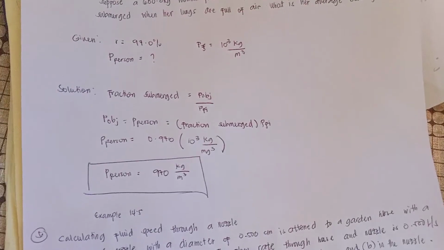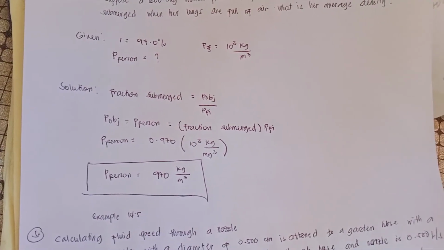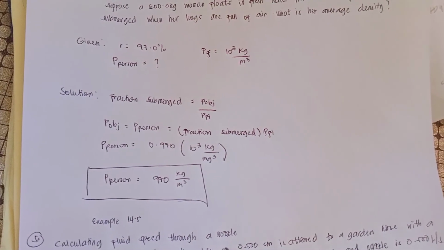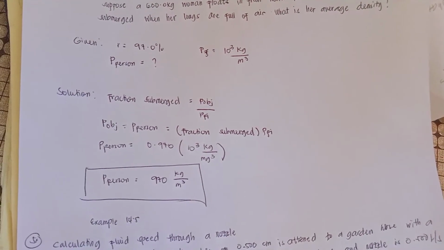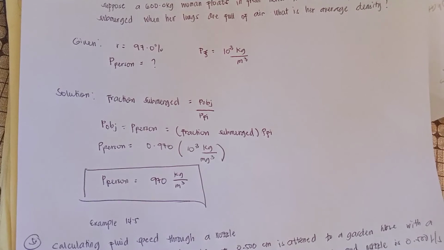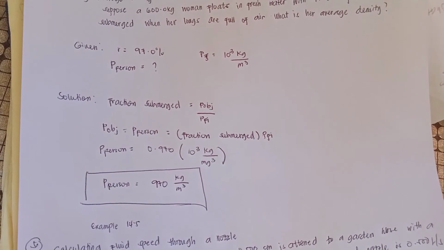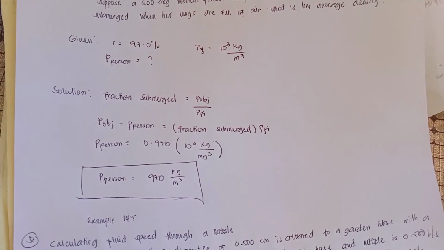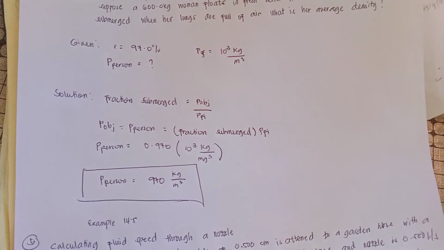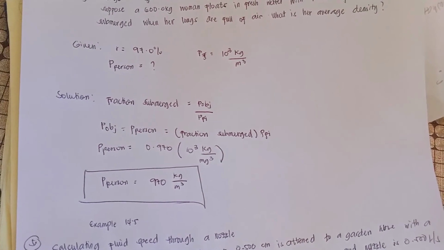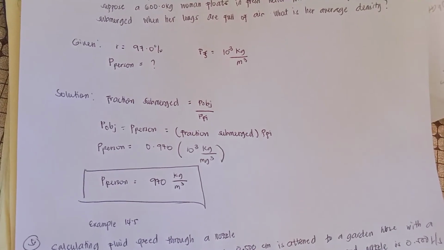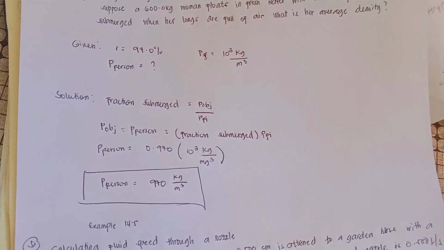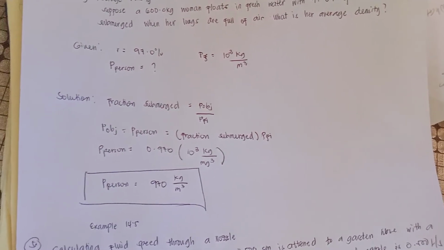Solution. So the fraction submerged, the density of the object, equals the density of the fluid times the fraction. The density of the object, which is the person, equals the fraction submerged times the density of the fluid. So the density of the person is 0.970 times 10 cube kilogram over meter cube.